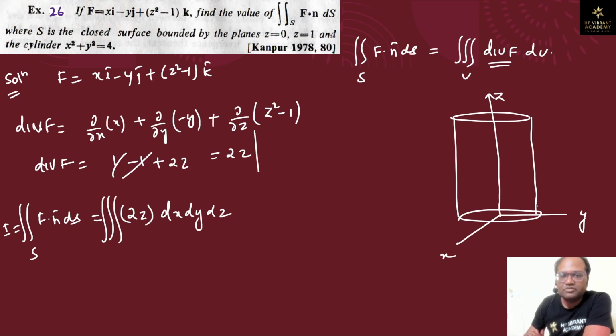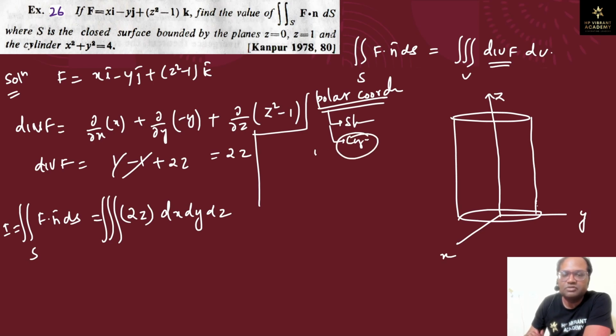So we have the transformation from Cartesian coordinates to the cylindrical coordinate system. Because this is a cylinder, we can use polar coordinates here. Under polar coordinates we have the spherical coordinate system and the cylindrical coordinate system. Based on the demand of this question, we will use the cylindrical coordinate system.